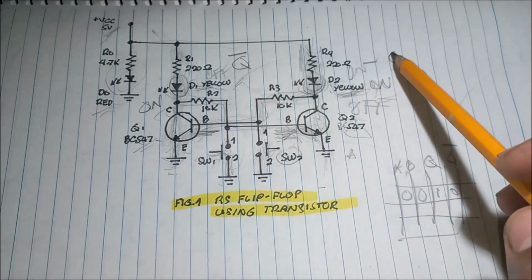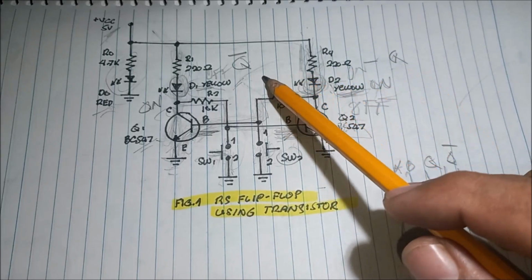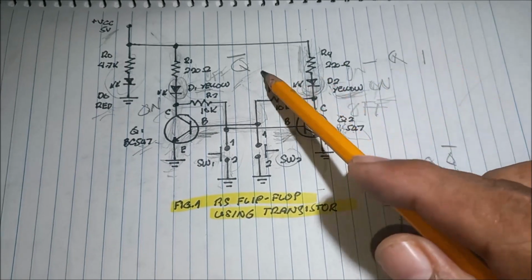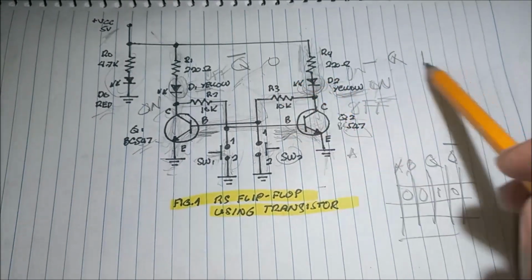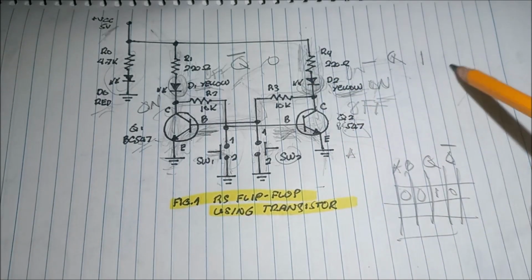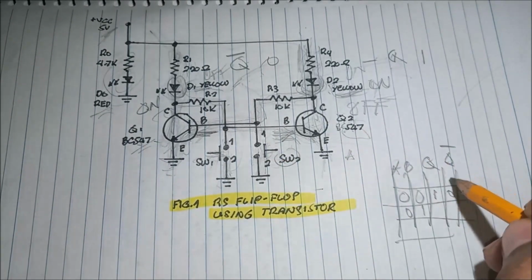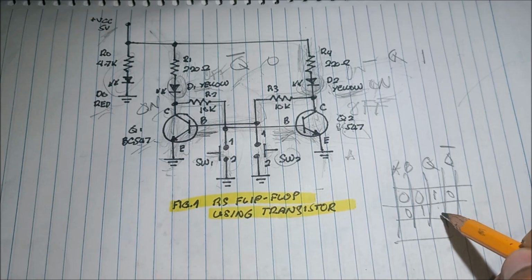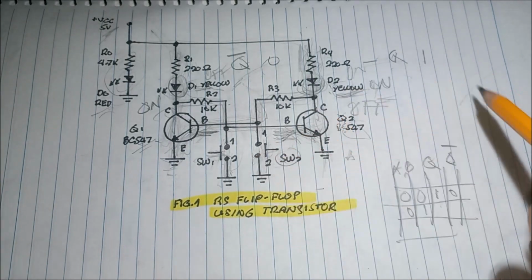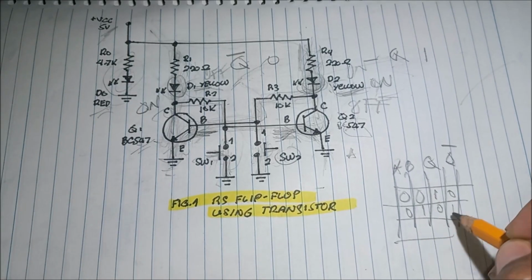Q not is the reciprocal, the inversion, or the complement. If this is 1, this one is 0, the inverted. If we press the switch, it becomes switching this to 0, this to 1.